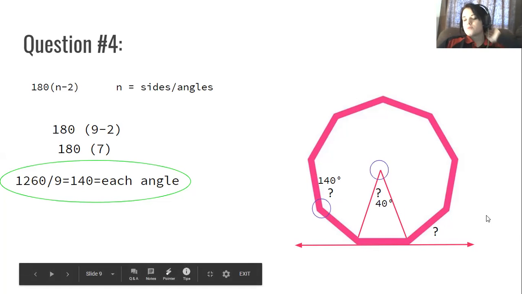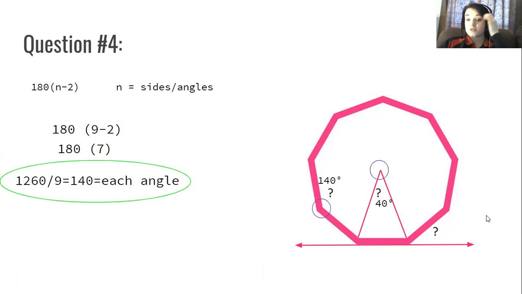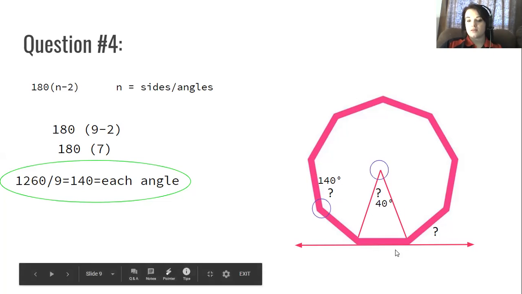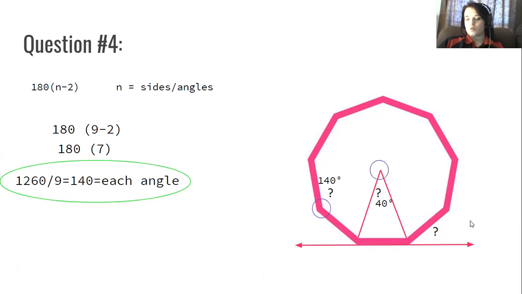What we can do is subtract 140, since we know that this angle right here is going to be 140. We can subtract that from 180, and that's going to give us our question mark. So when we do that, we'll notice that our angle is going to be 40 degrees.